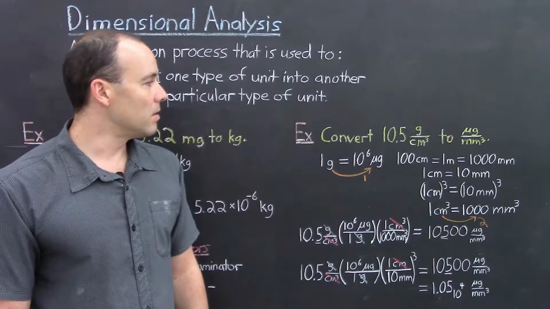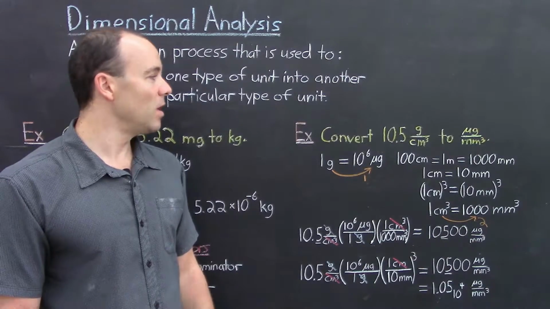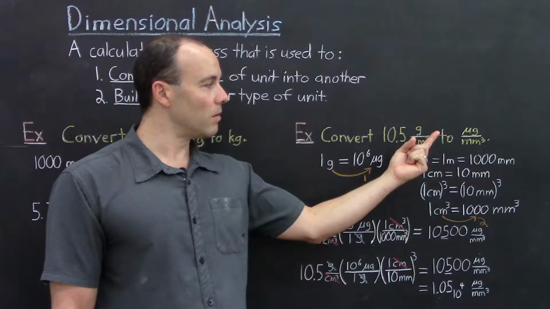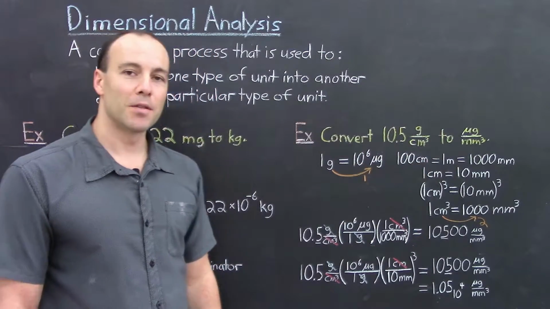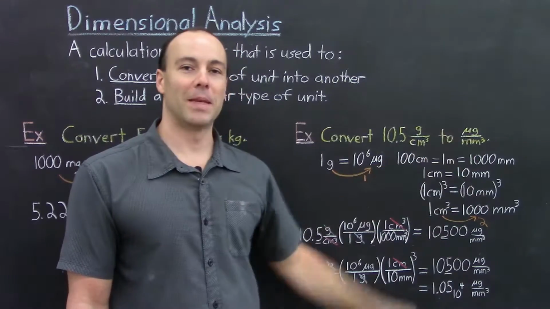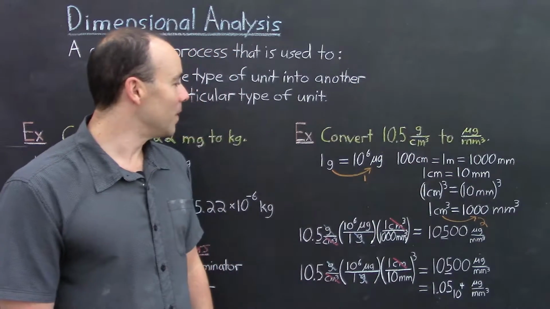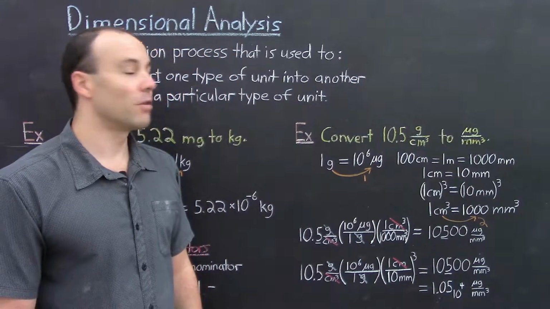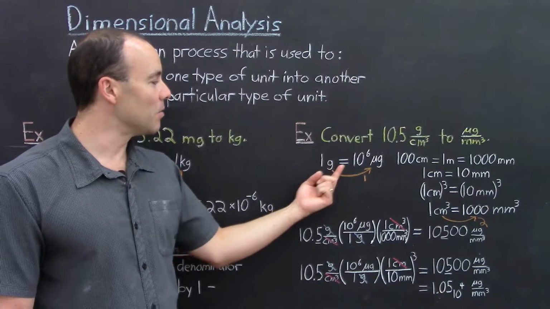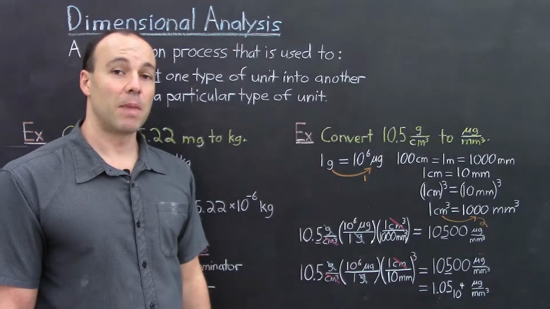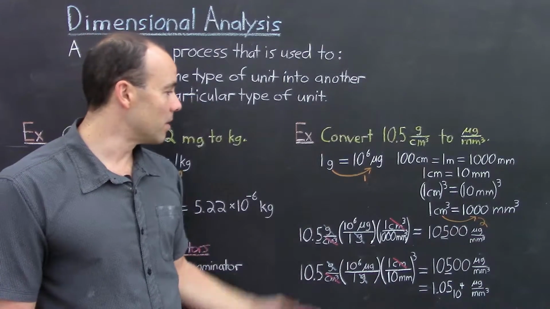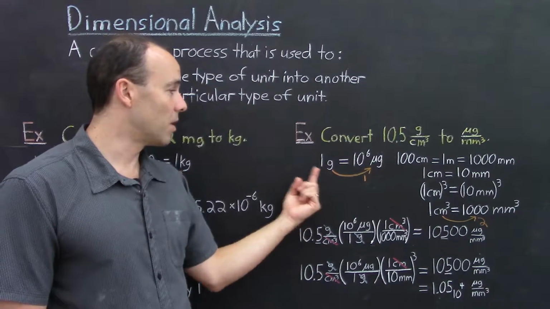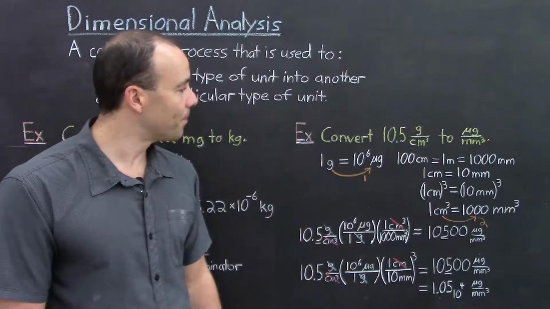And in order to do this conversion, you need to convert both the numerator and the denominator. And also you need to know what a microgram is. So the relation between grams and micrograms is 1 gram equals 10 to the 6 micrograms, or a million micrograms. Okay? This relation will allow you to convert grams to micrograms.